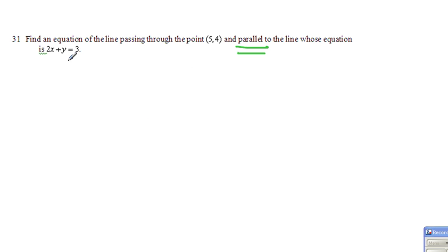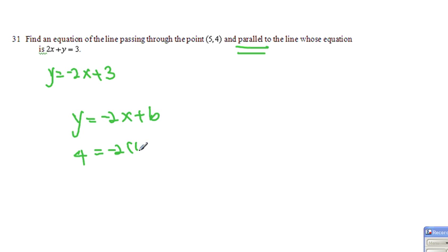Let's be parallel to this one. That means when you subtract 2x, then y equals negative 2x plus 3. Now, parallel means we're going to keep negative 2, so y equals negative 2x plus b, and then by plugging in, 4 equals negative 2 times 5 plus b.